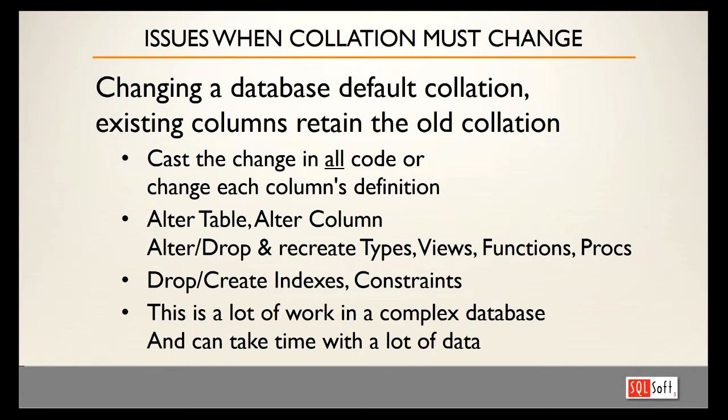Of course, if you have indexes and constraints, you'll need to drop those. Any index that's dependent on a column that has a particular collation, that index has to go. And so constraints that are based on indexes, same thing. Other constraints that may have to be dropped are check constraints.